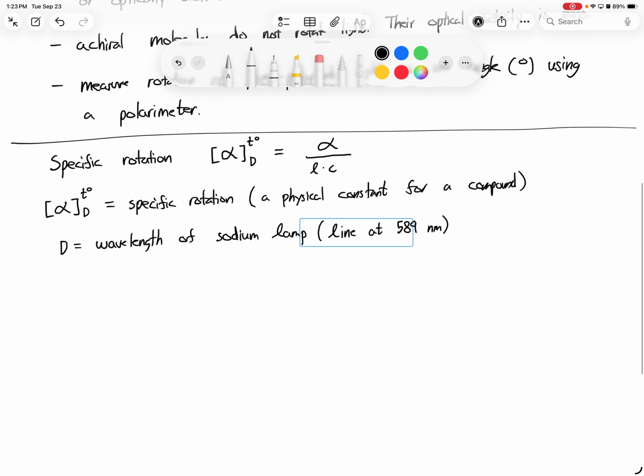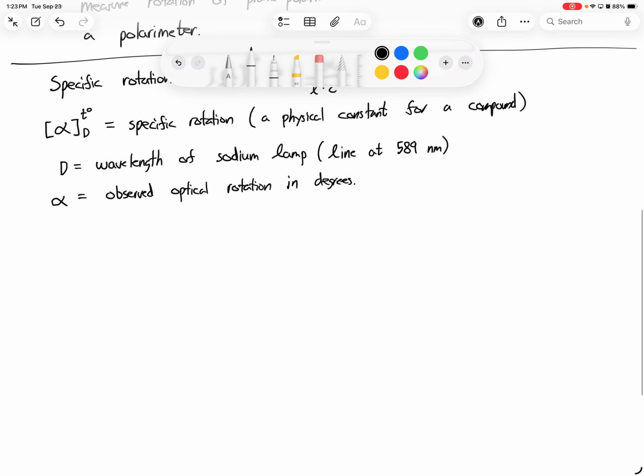All right, now alpha is similar, but that's the observed optical rotation. So this is the value that changes based on concentration, okay? This is in degrees. What's important here is to use this equation, and we'll show some examples in a bit, okay?